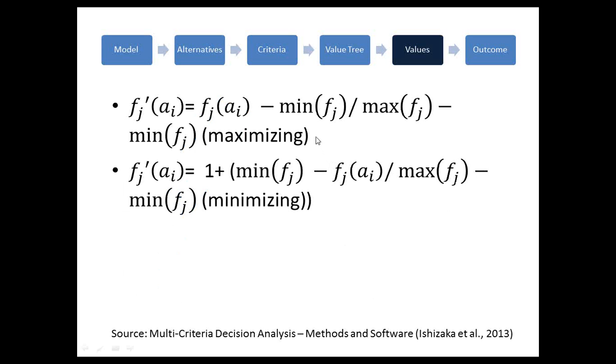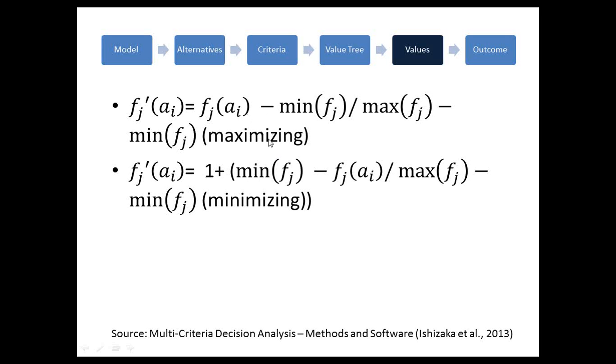Linear functions are mostly preferred because they are easier to interpret and make your analysis more simple. Here you see the formulas to come to these different utility or values for the different performance levels.